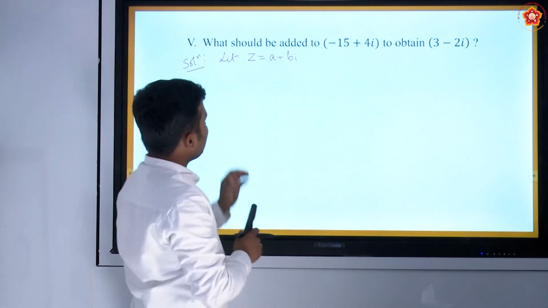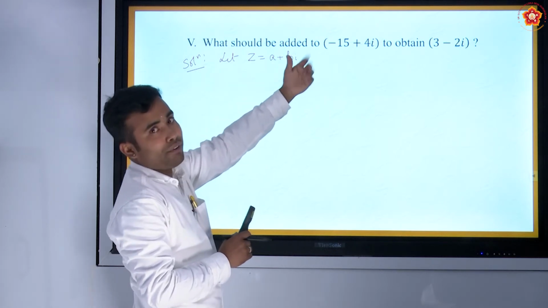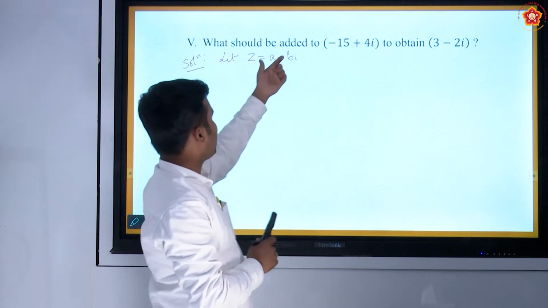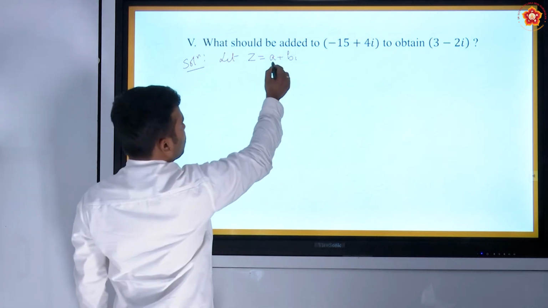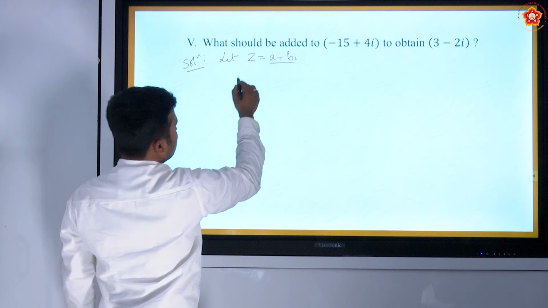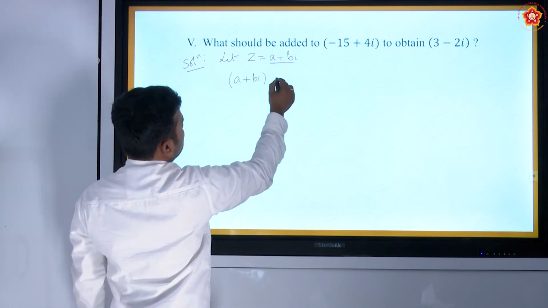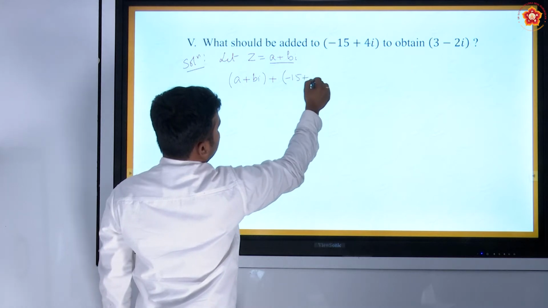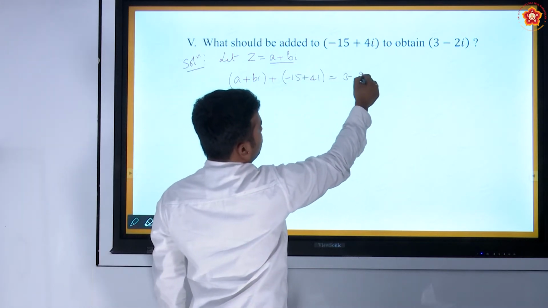We don't know what we should add to get that, so that's why I am taking a plus bi. So it will become a plus bi plus minus 15 plus 4i, which is equal to 3 minus 2i.